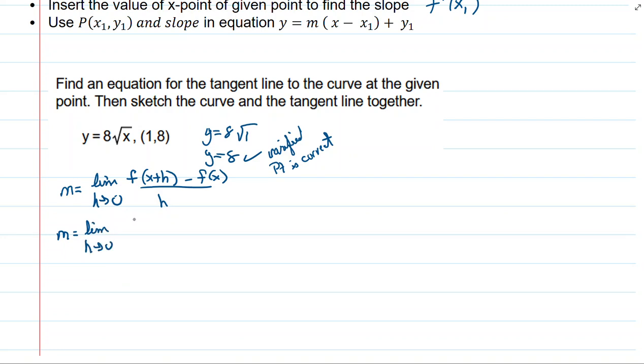Now I'm going to put in 8 square root of x plus h minus 8 square root of x, over h. Does everybody agree? So what we're going to do is multiply by the conjugate so that we can get h approaching 0 on the bottom and x to cancel out in the numerator. Is everybody comfortable with that?